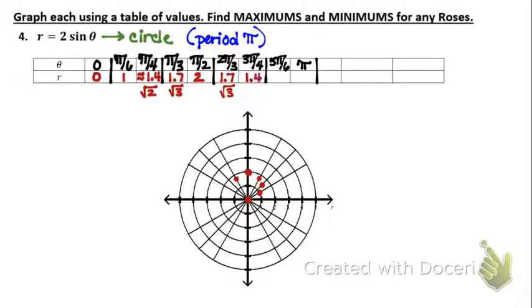Same as pi over 4. So radical 2, or approximately 1.4. 5 pi over 6. 1. And pi. 0. Hopefully you guys are able to see this circle take shape on your graph as you plot those points.